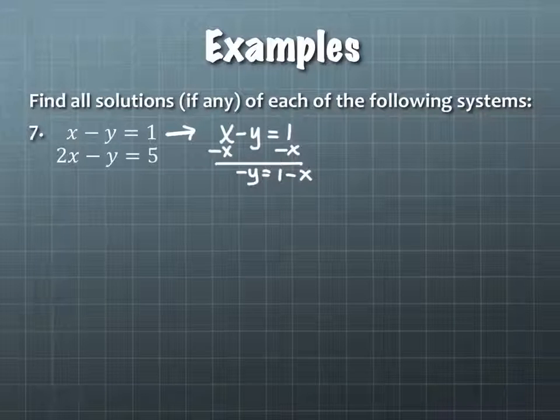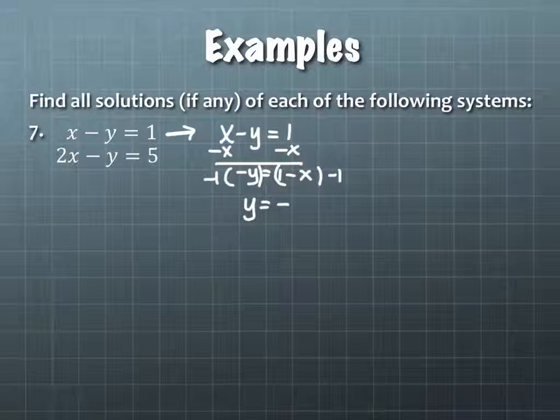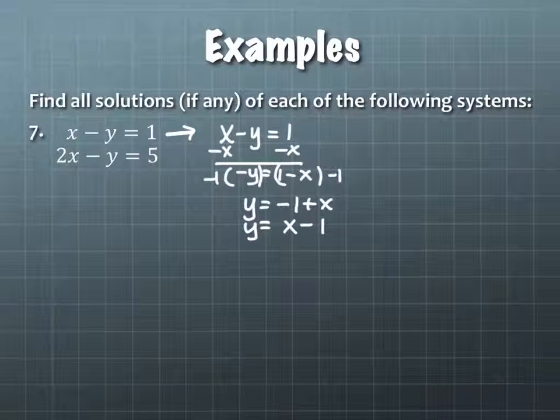Then what would I need to do? Change the signs. Divide by negative 1, multiply by negative 1. It all means the same thing. The net result of any of that is that all signs will change when I multiply or divide by negative 1. So y is going to equal negative 1 plus x, or if you like to write the subtraction the other way, you can do x minus 1.